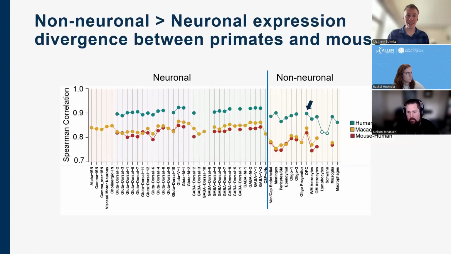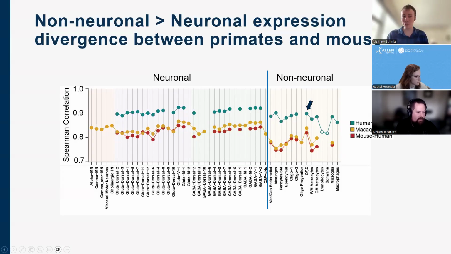Comparing across species, we also see the expected trend where human and macaque, being primates, are more similar. Macaque and the primates versus the mouse are less similar in terms of their correlation.